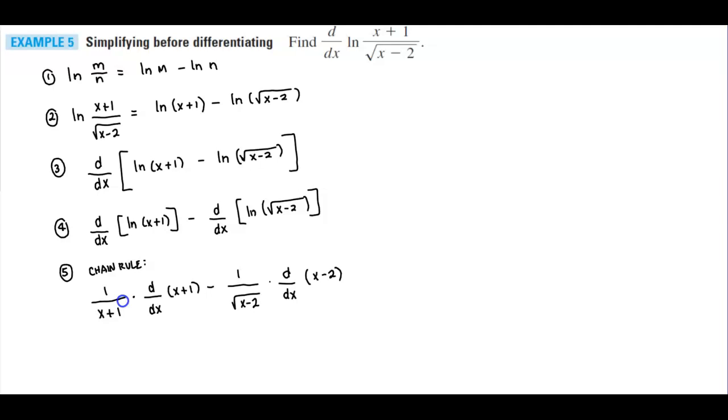Now remember, since this is the square root, this is raised to the 1/2.